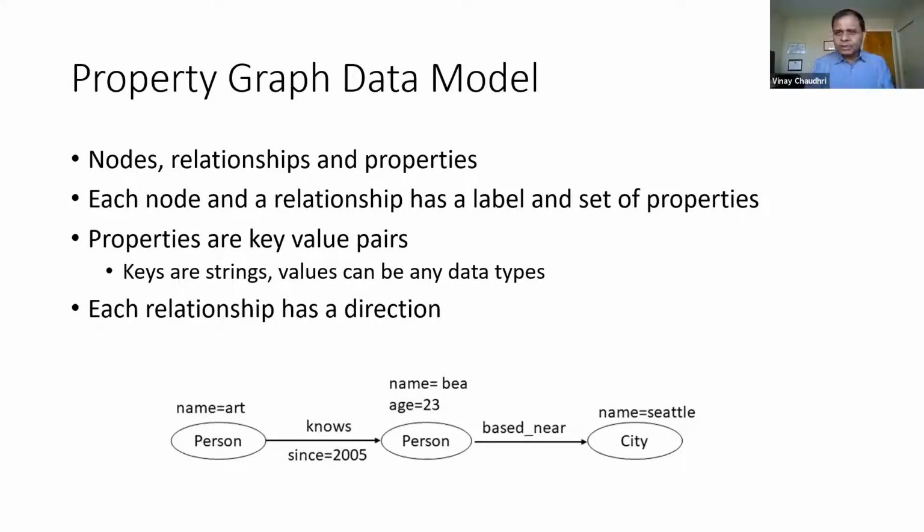So I'm not going to get into the considerations around why this would be better than the one which was shown on the previous slide. We will get into it next week, but for the purpose of just understanding the data model, it's sufficient to know that in the property graph data model, we have nodes, relationships, and properties, and nodes and relationships themselves can have a set of properties associated with them and a label, and these edges are directed.